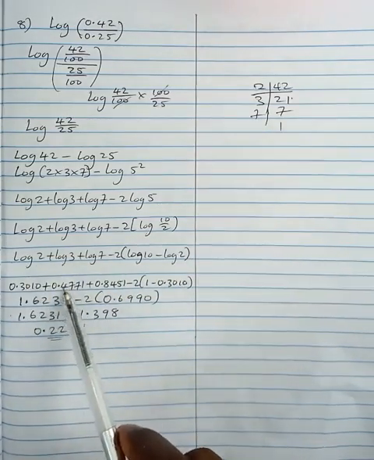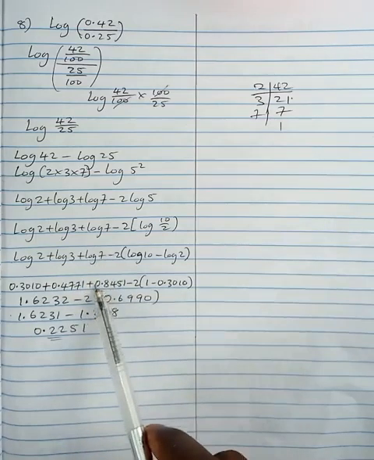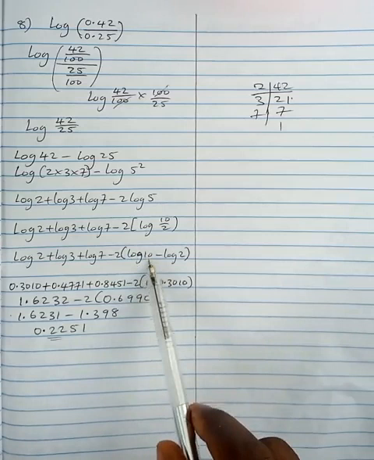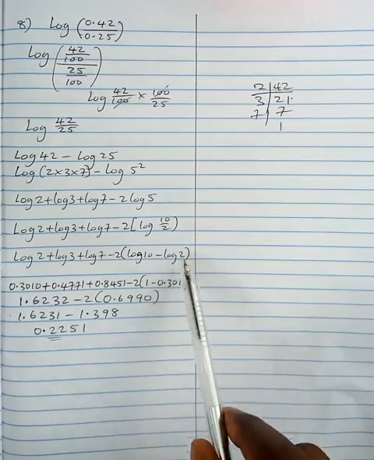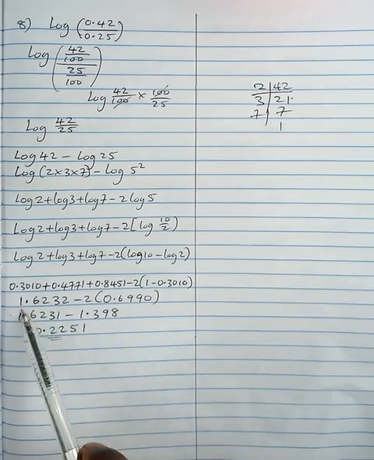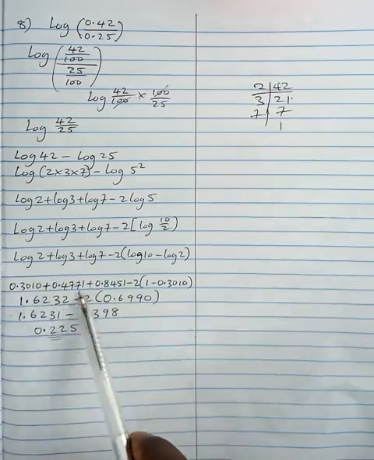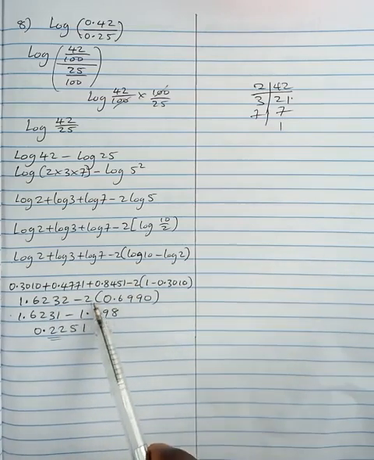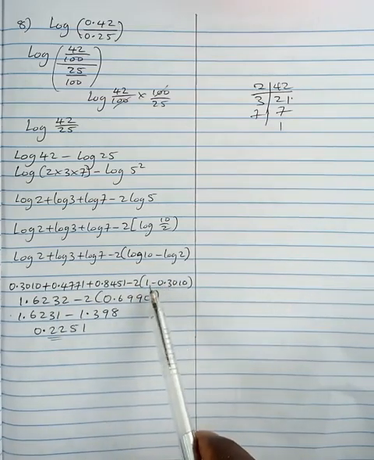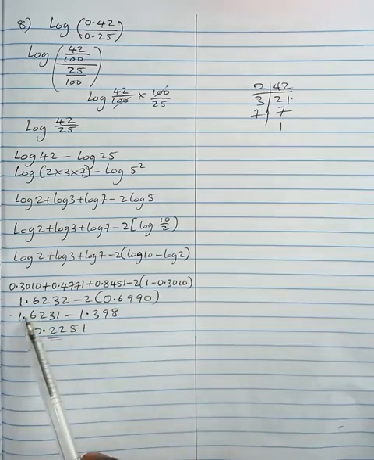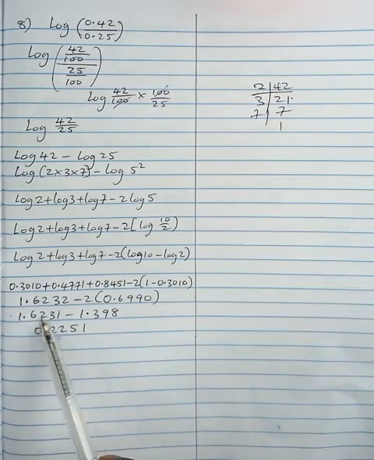Now, log 2 is equal to 0.3010. Log 3 is equal to 0.4771. Log 7 is equal to 0.8451. Then minus 2 times log 10 itself is 1. Minus log 2 is equal to 0.3010. Close bracket. I have everything here added together will give me 1.6232. Now minus 2 times everything here will give minus 1 minus this will give me 0.6990.